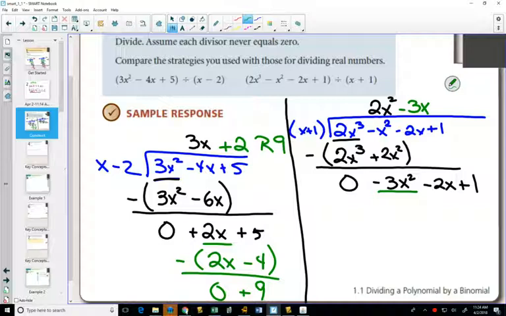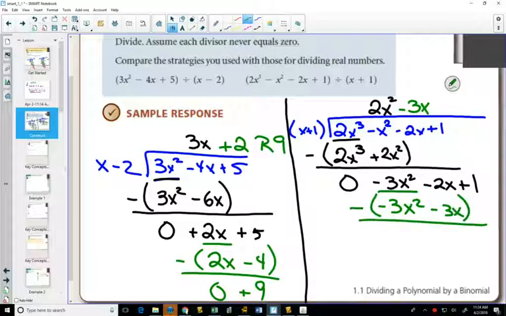And so now that I figured out that I need to multiply by minus 3x, I will get minus 3x squared, minus 3x times the plus 1 will be minus 3x. Put that in brackets and subtract. Sure enough, we get 0. Minus 2 minus a negative 3 is plus 1. Bring down the 1, and we get x plus 1.